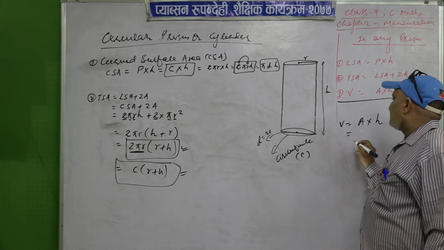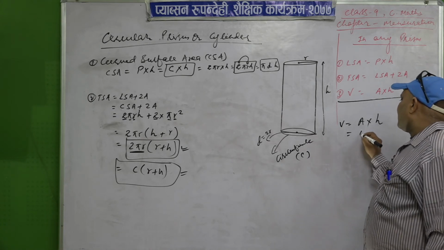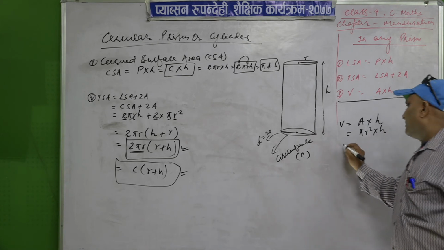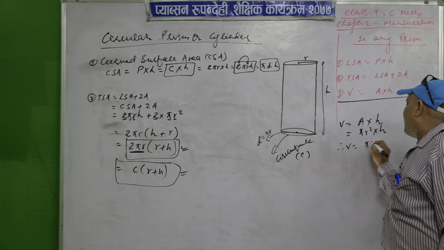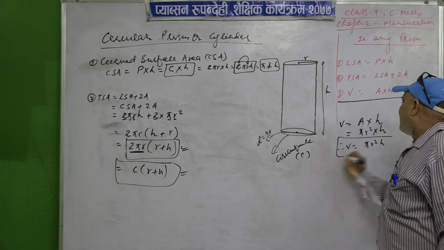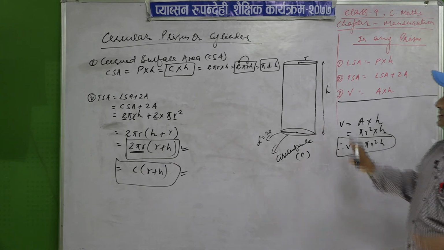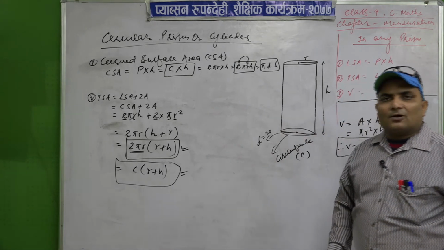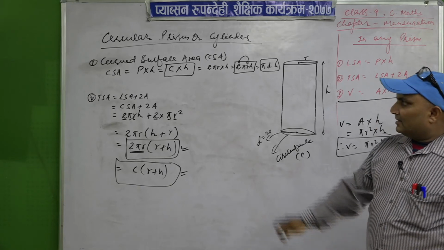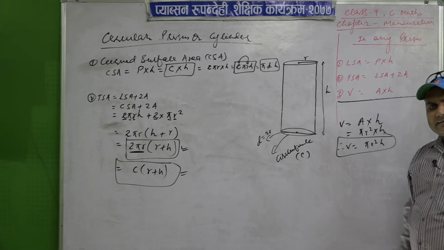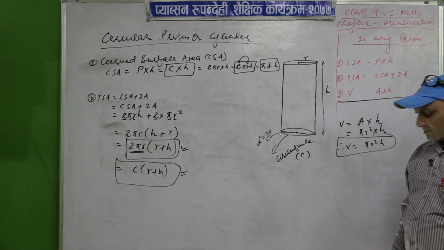So, what is the area of the circle? Area of the circle is pi r square, into h. So, it will be V equals pi r square h. Okay. So, this is all about cylinder or circular prism: lateral surface area, total surface area, and volume of the circular prism or cylinder.